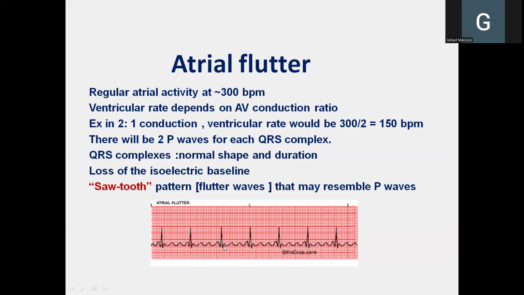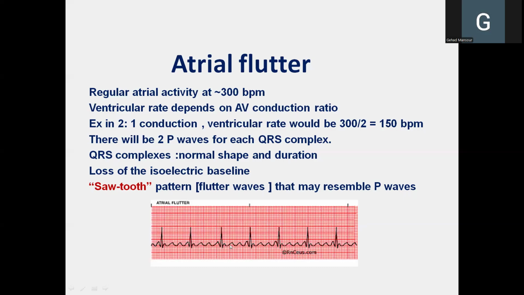But if we consider this small wave just after the QRS complex a T wave, then you have 3 P waves before 1 QRS complex. This means that if the atrial rate is 300, then the ventricular rate would be 100.